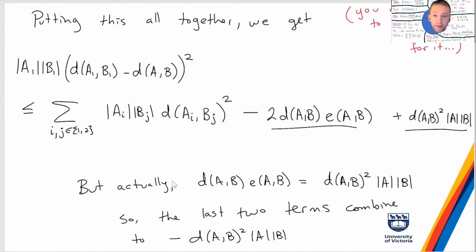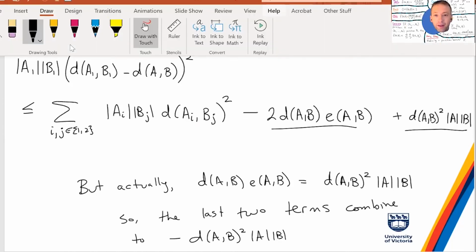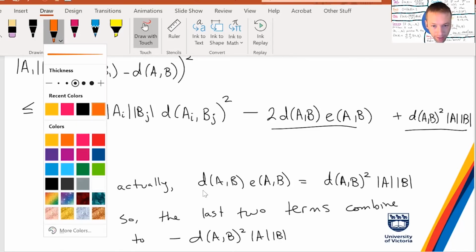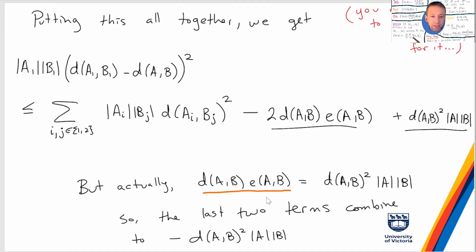Actually, I can simplify this even further. If I take D(A,B) times the edges from A to B, which is basically what I've got here, times -2, that's the same thing as squaring the density and then multiplying by AB, because the density is just the number of edges over this product.